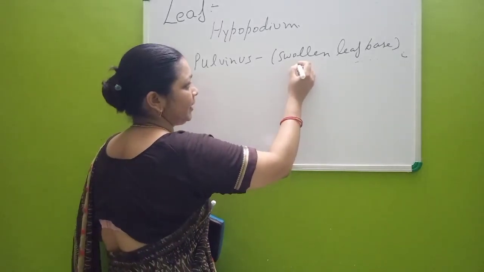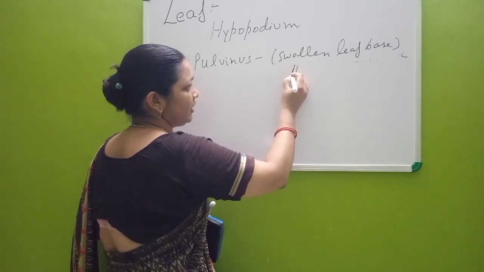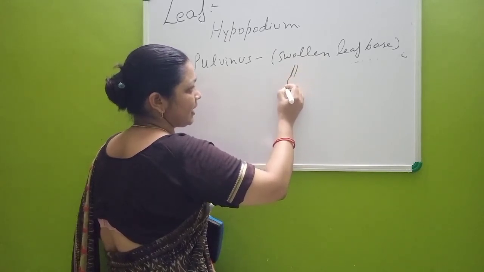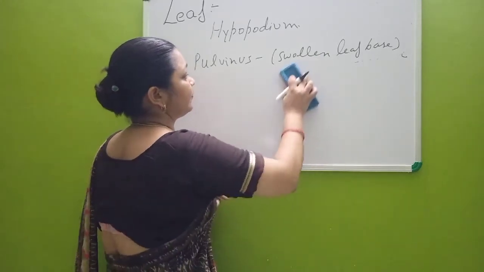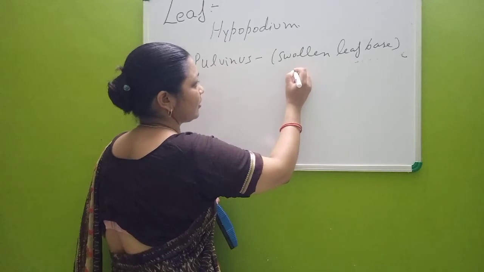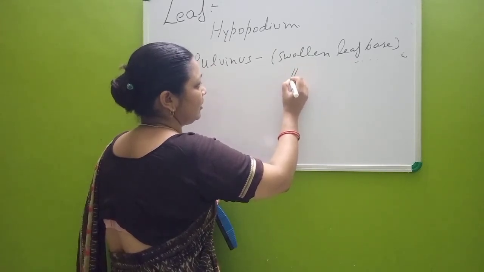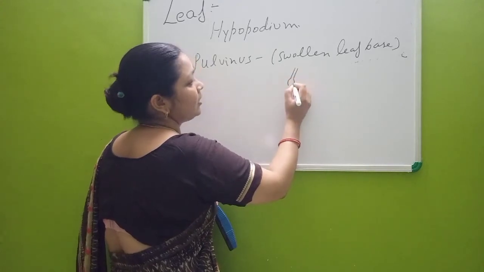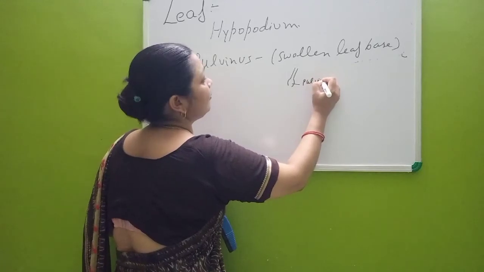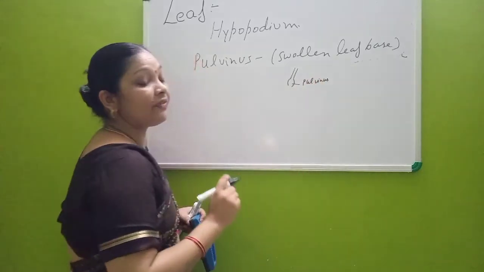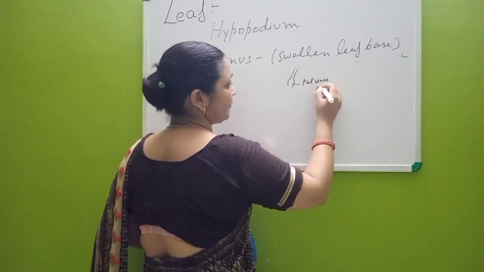For example, I am making this: the petiole is coming and it gets swollen at the end. This is pulvinous, which is found in Mimosa pudica.